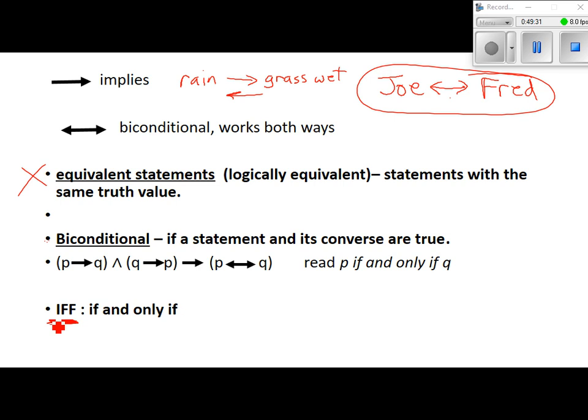It means if and only if. So if I were to write this, this would say Joe if and only if Fred. And that tells us that everywhere we see Joe, who else do we see? Fred. And everywhere we see Fred, we see Joe. They're always together. All right, that's what the if and only if means.